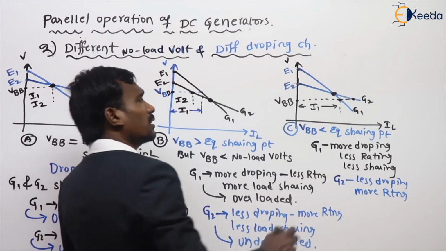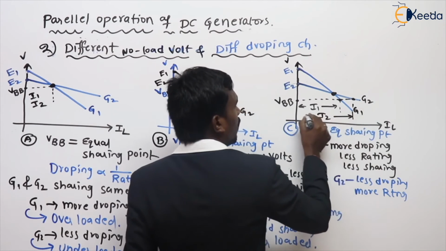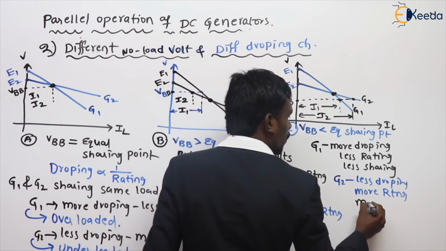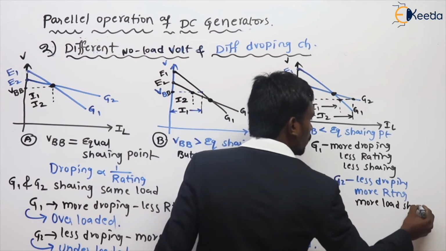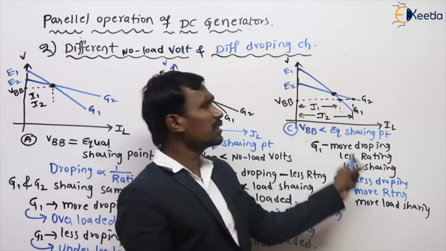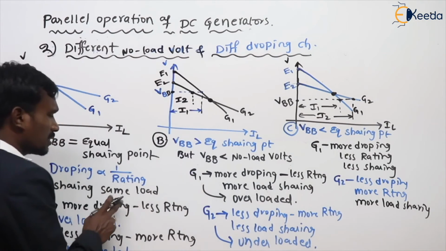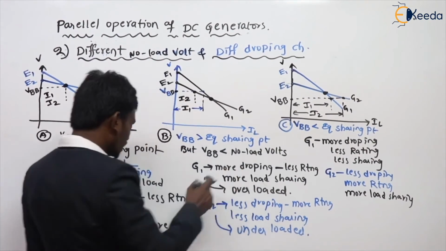Of course, the load sharing is also more. Yes or no? More load sharing. So no problem with this one. Actually, this is not good, but this is bad. This is not good.